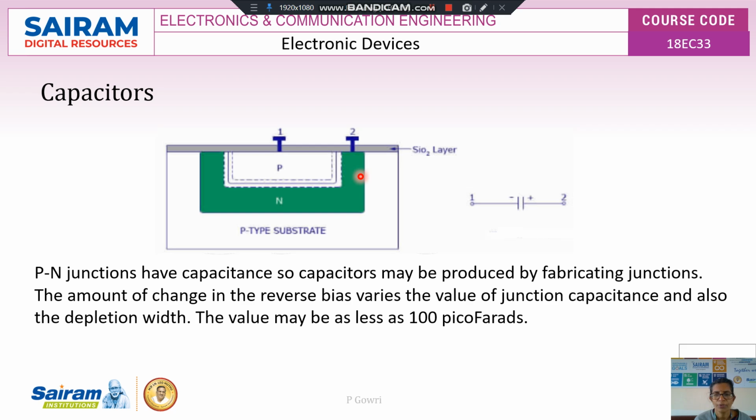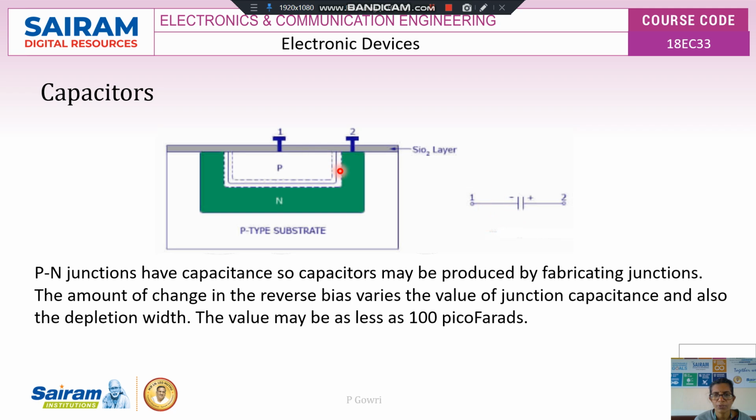This is called the junction capacitance, where the depletion region separates the two electrodes. A lead from the P and another lead from the N region will result in the junction capacitance.